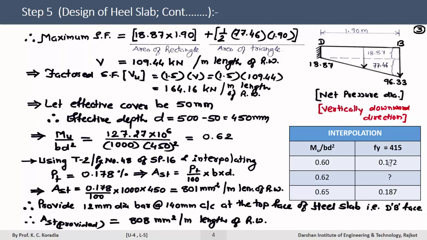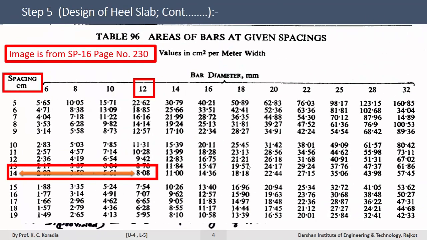Here we are supposed to distribute this 8.01 centimeter square of steel in 1 meter length of retaining wall in our heel slab. This can be done by using table number 96 located on page number 230 of SP16. Here for 12 mm dia reinforcement and a spacing of 140 mm, we can see that the area per meter width will be 8.08 centimeter square, which is somewhat greater than our required 8.01 centimeter square.